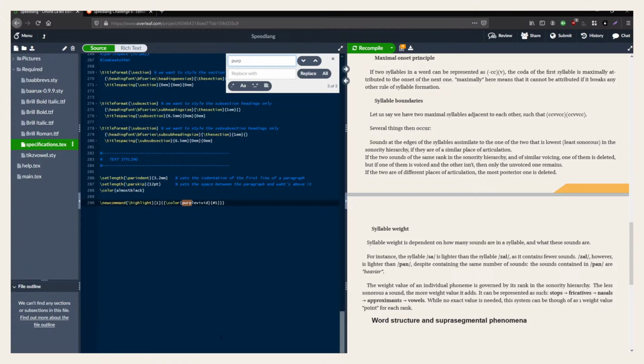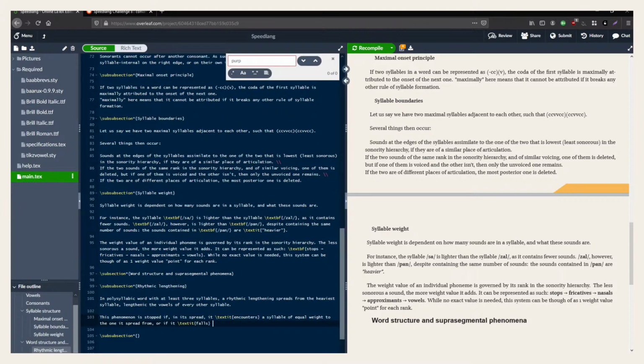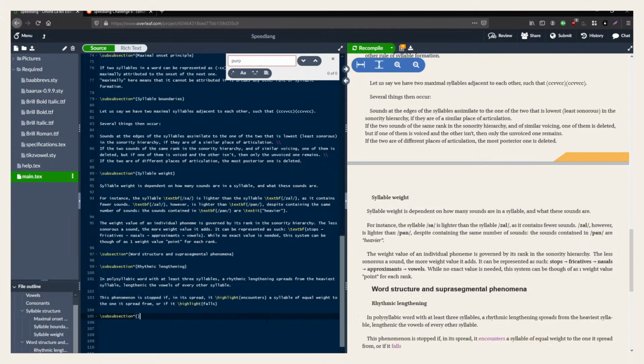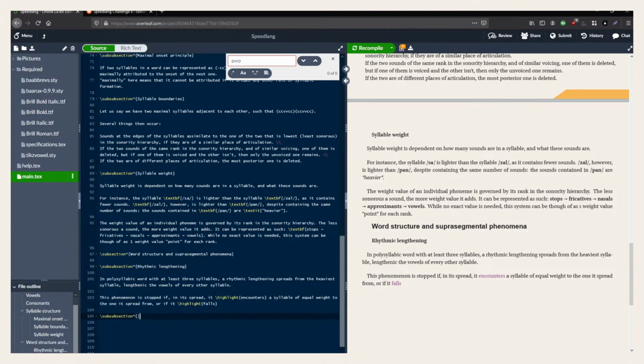Oh no, I just used that, okay. Yep, that's good. I'm also going to italicize it, actually.